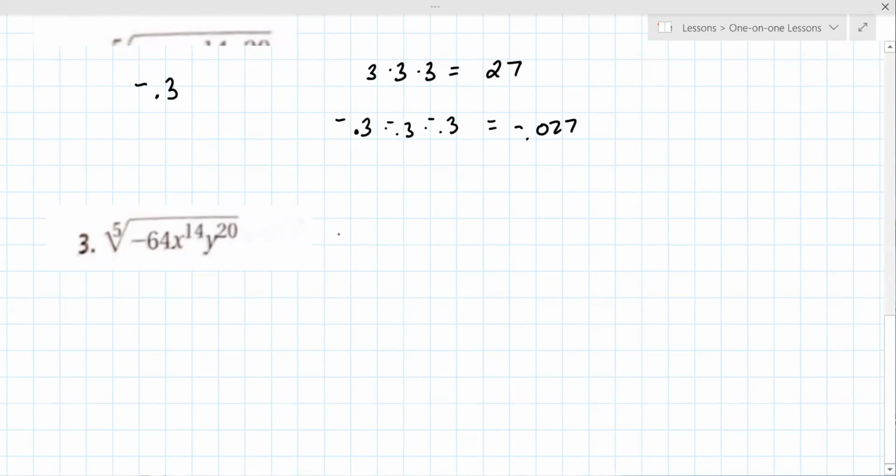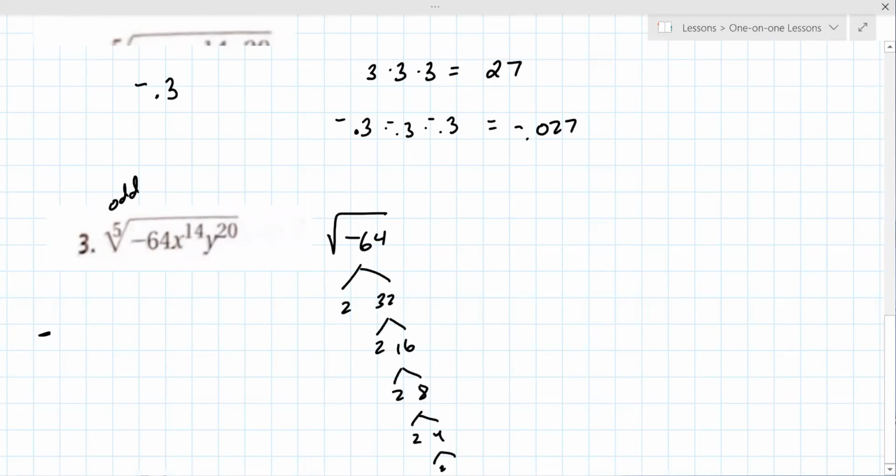With the negative 64, we'll look at that first. You want to break this apart again. And you can ignore the negative because it's a fifth root. Because this is odd, you can ignore the negative. It's just going to come with it. There's going to be a negative out here. So just the 64. 2 times 32, 2 times 16, 2 times 8, 2 times 4, and 2 times 2. 1, 2, 3, 4, 5.